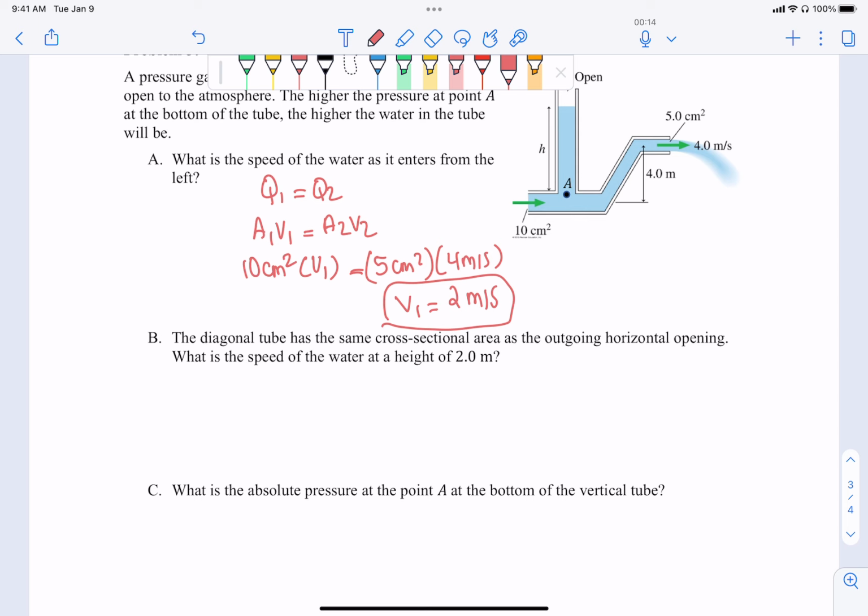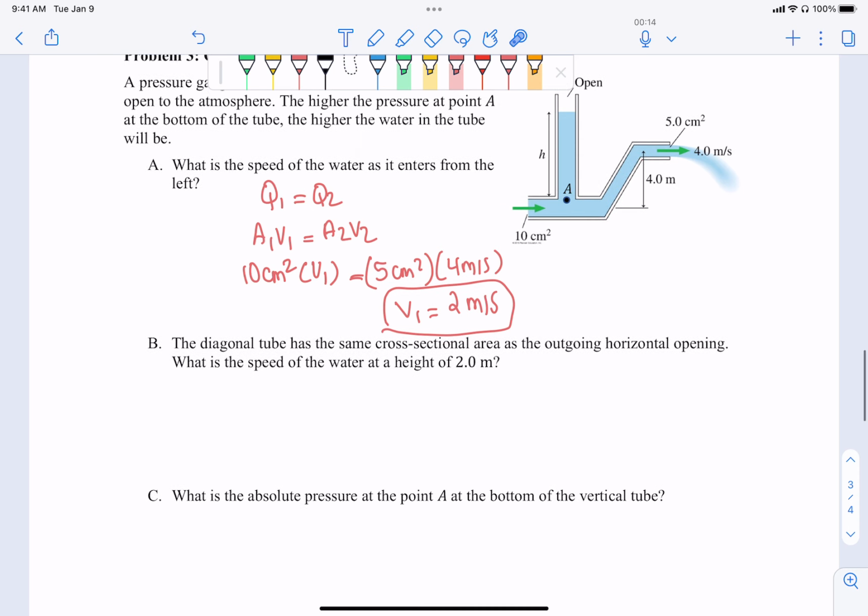So if the diagonal area here has the same cross-sectional area, then your speed will change at this point. We started out with 2 meters per second here. As soon as we hit this part, it's going up to that 4 meters per second. So what does that mean?